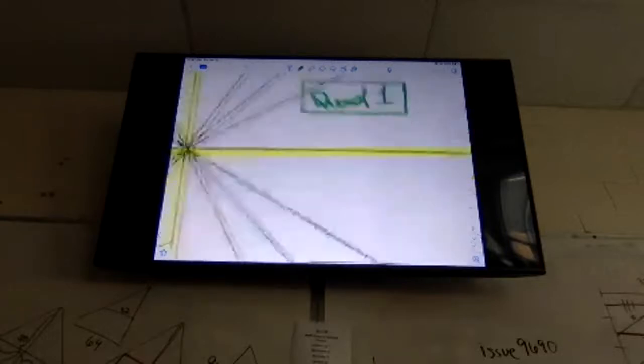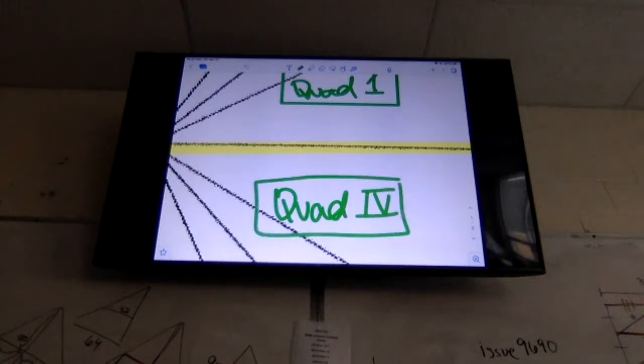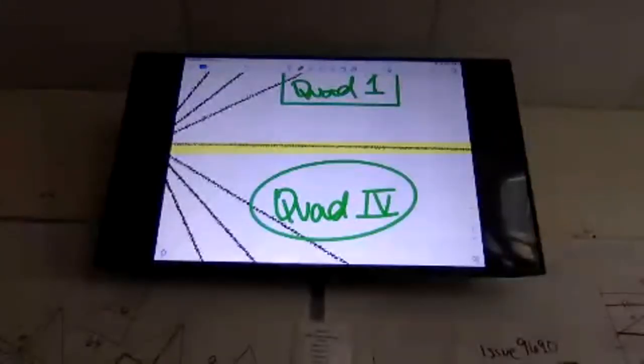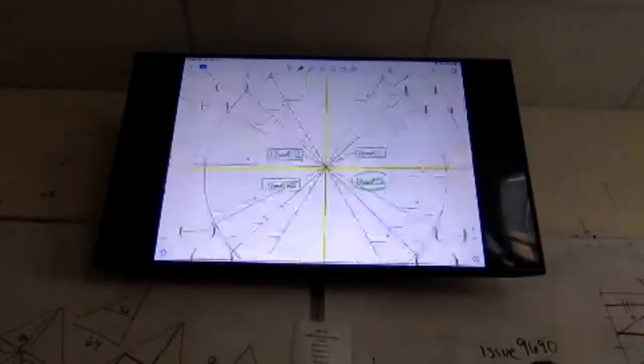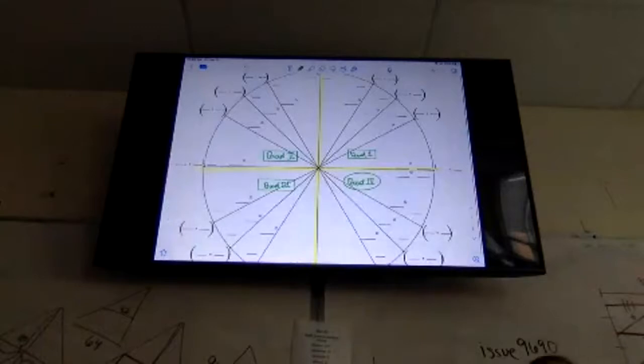And quadrant 4 is bottom right. Okay, well, I'm a little OCD about that, but I just have to move on. So, okay, those are my quadrants.